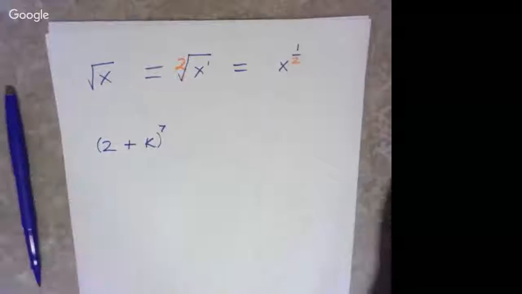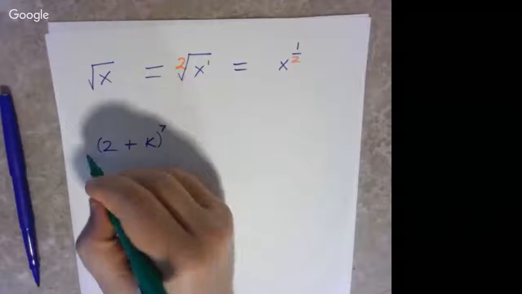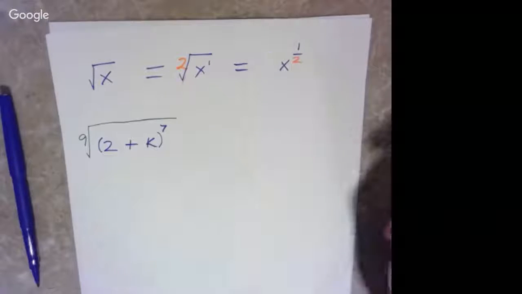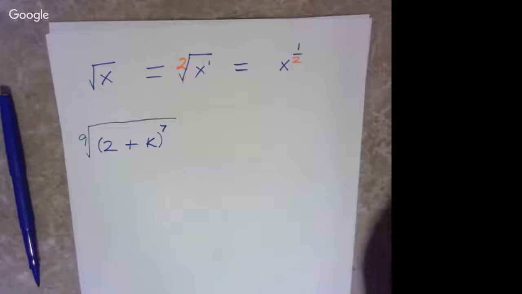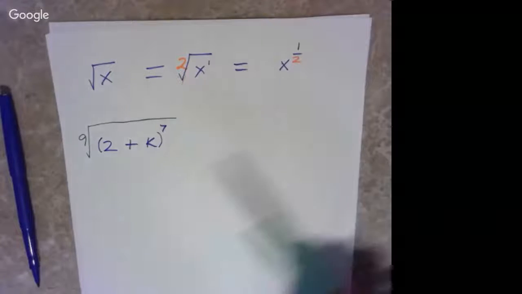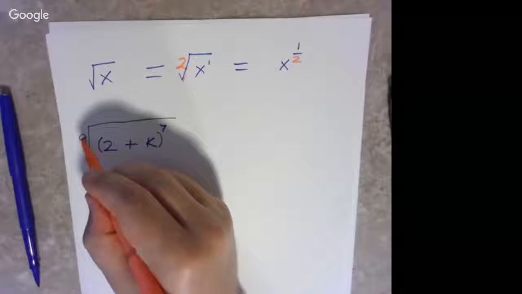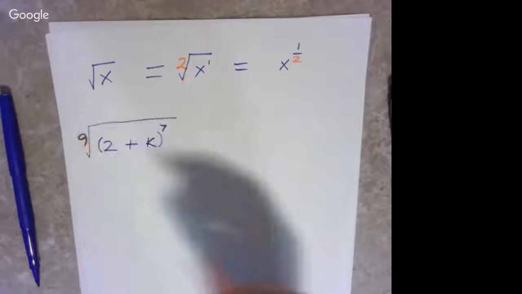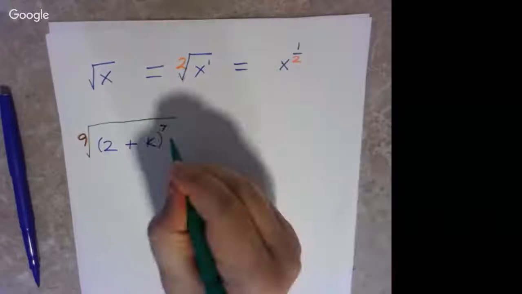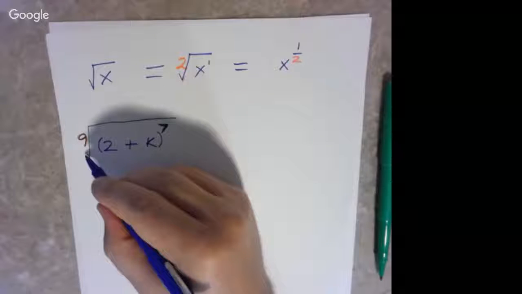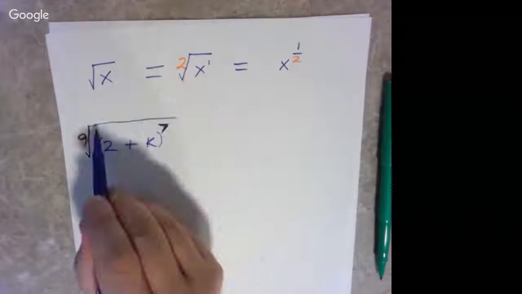And we're going to put it inside of a radical. It is a 9. Getting my color scheme mixed up a little bit here. Sorry about that. So the root is 9. The power was green. Make this blue again.